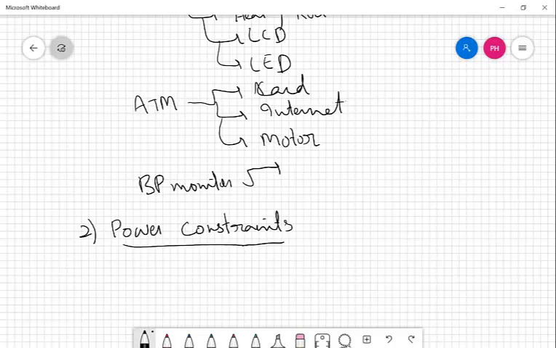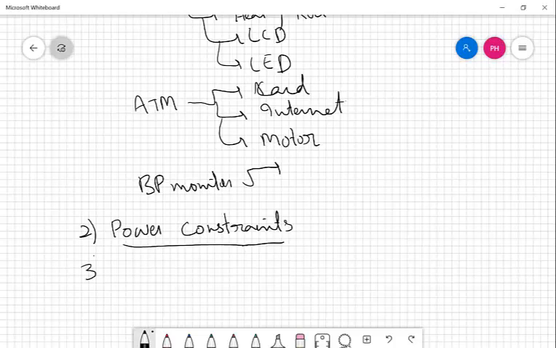For example, a blood pressure monitor runs on batteries. We can't keep it plugged into mains AC. Some embedded systems may be deployed in the middle of the sea. They may be deployed underwater. So we cannot have a constant power source. So there are power constraints.